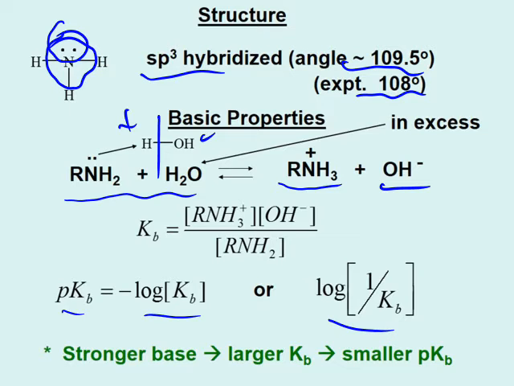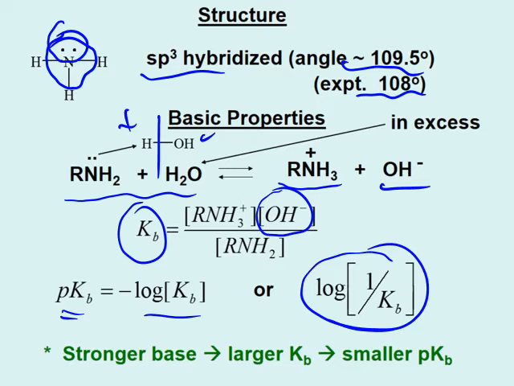If I have a stronger base, I have a larger concentration of OH minus, then I would have a larger value of Kb, and a smaller value of pKb. So a stronger base has a larger Kb and a smaller pKb. This is similar to the strength of acid that we discussed before in terms of pKa. A smaller pKa value means a stronger acid.